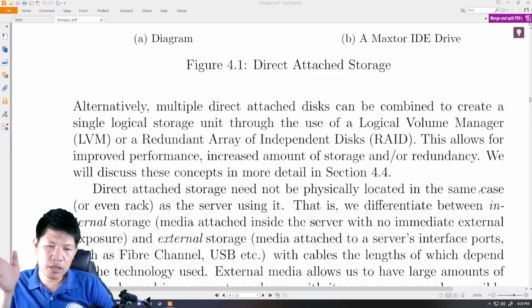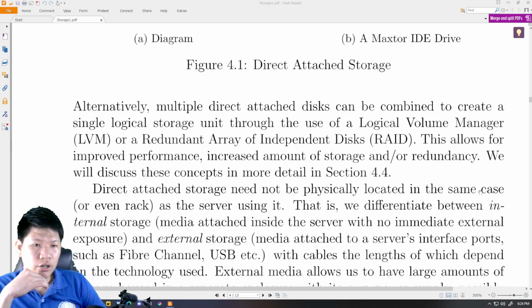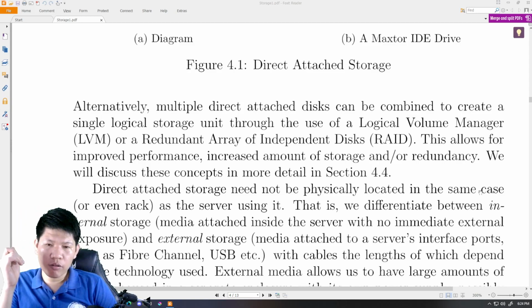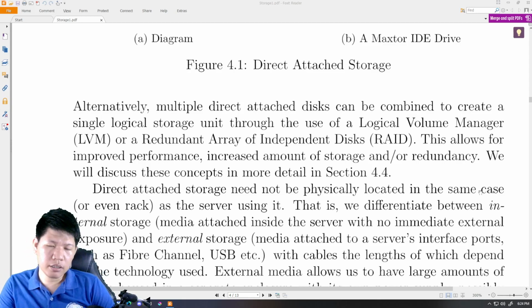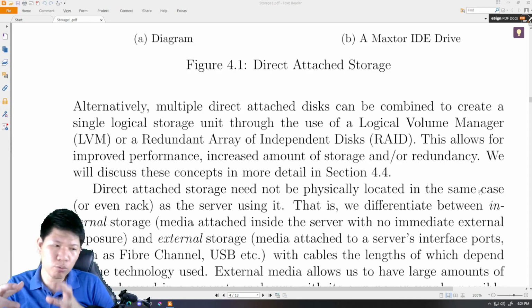This was the RAID that I was explaining a while ago through the use of Logical Volume Manager or LVM. Another acronym is Redundant Array of Independent Disks. Unfortunately, from my perspective, they are not independent because they need to be configured as a group.